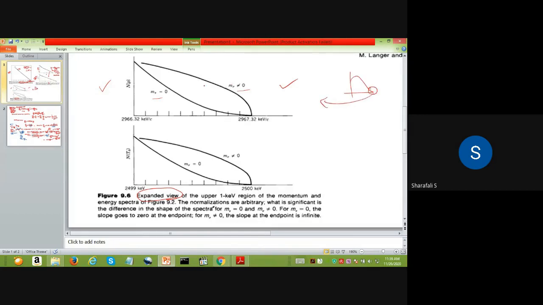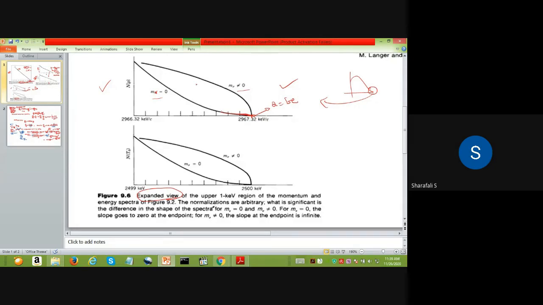Okay. So when m_nu is equal to 0, that curve will be going like this, as you can see, and it is ending at this point where you have your Q value equal to E. So the end of this curve will give you the Q value.